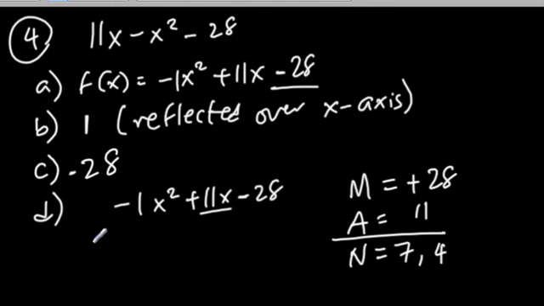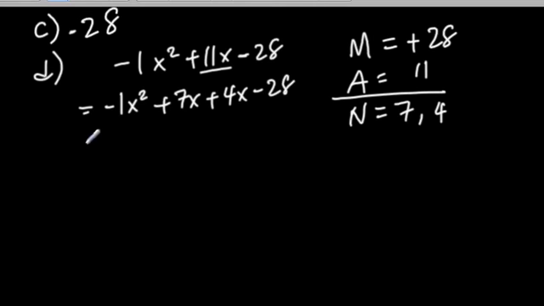So the middle term splits. So it's negative 1x squared plus 7x plus 4x minus 28. Then you want to group it.